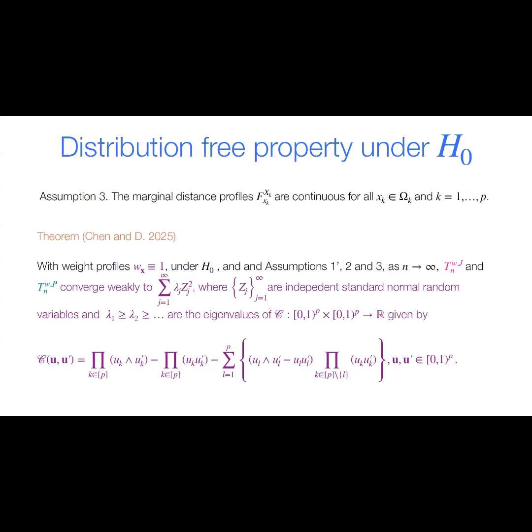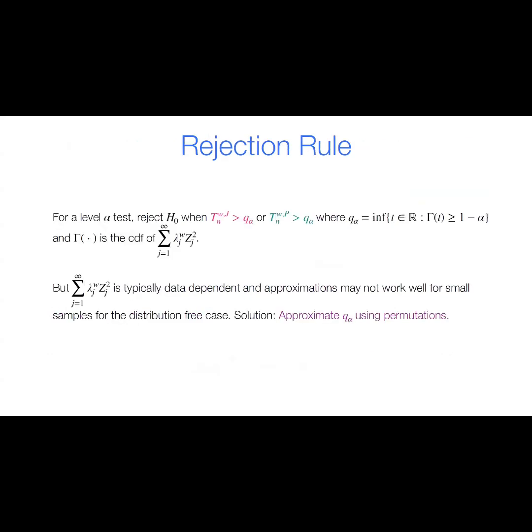For p equal to 2, these are the eigenvalues of a product of Brownian bridges, so it's the same distribution as the classical Hoeffding's test with trivial weight profiles. But when the weight profiles are not trivial, these are data dependent. So, sticking with tradition, if we know these quantiles, or we are in the distribution free case, or we have a large sample, we can try to just approximate these.